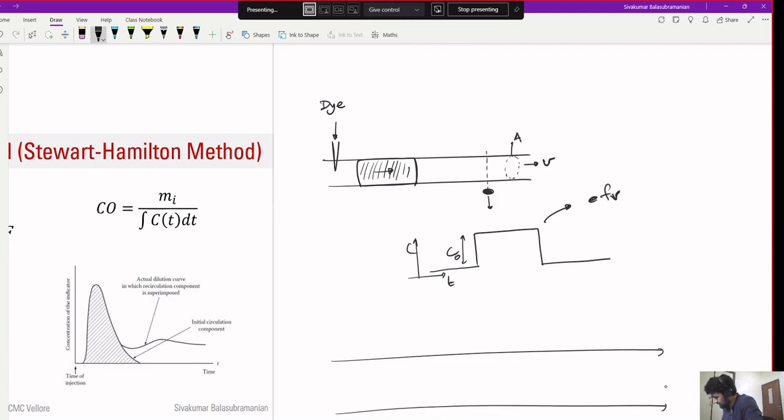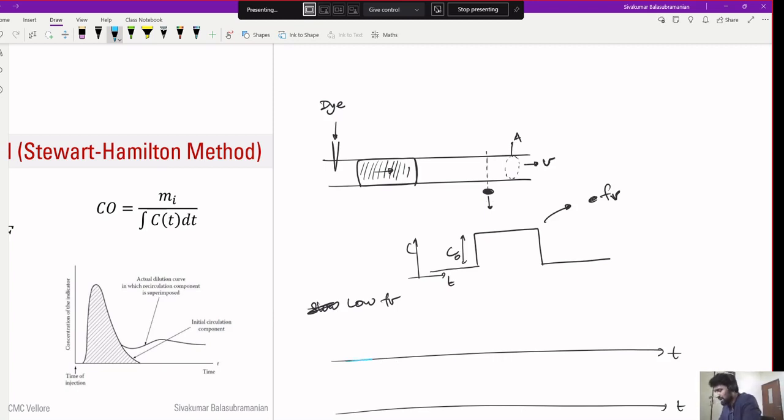Say we are looking at a slow or very low flow rate, and this bolus is moving at this particular rate. What will the concentration profile look like from the detector? It will gradually increase and gradually decrease with a slope.